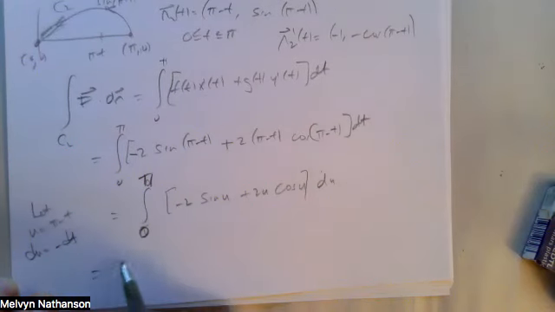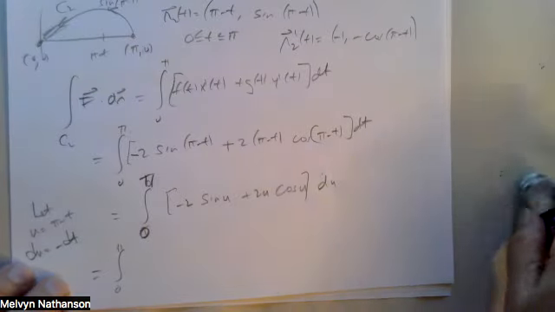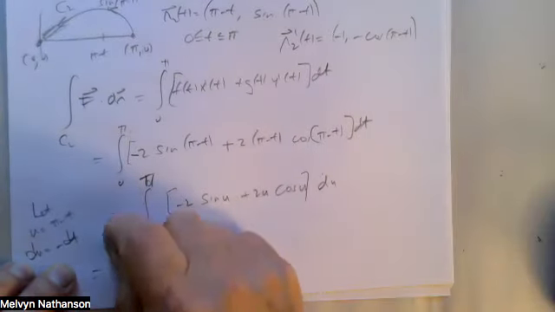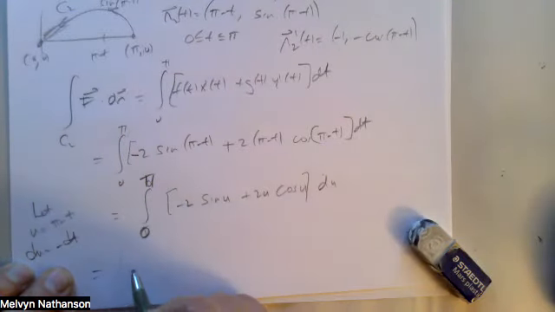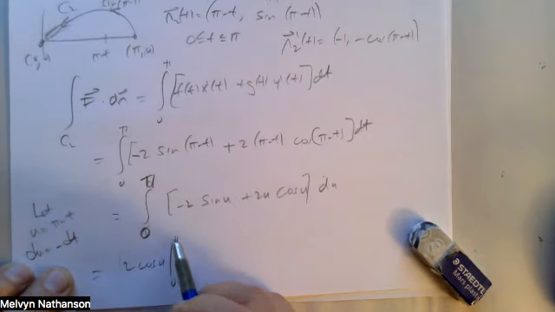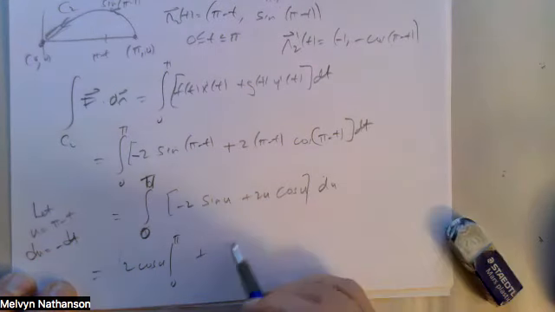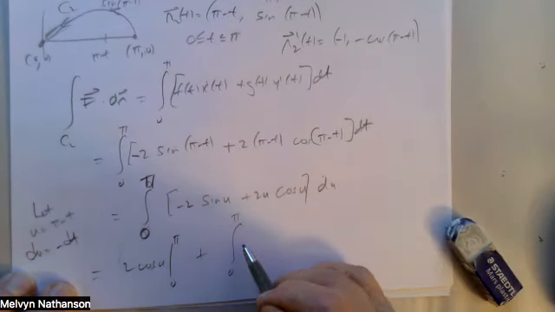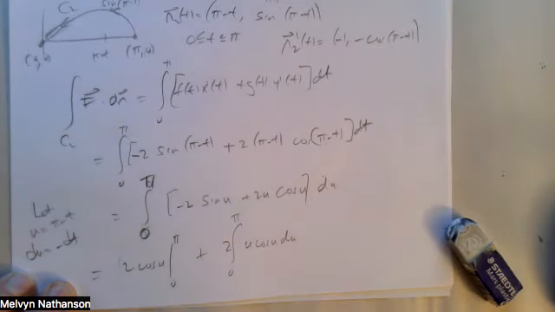What is this? This is the integral from 0 to pi. Sorry, the first integral: the integral of minus the sine is cosine. So this is 2 cosine u from 0 to pi, plus the integral from 0 to pi of 2u cosine u du.